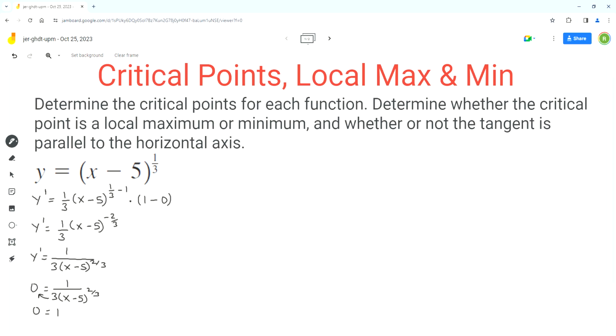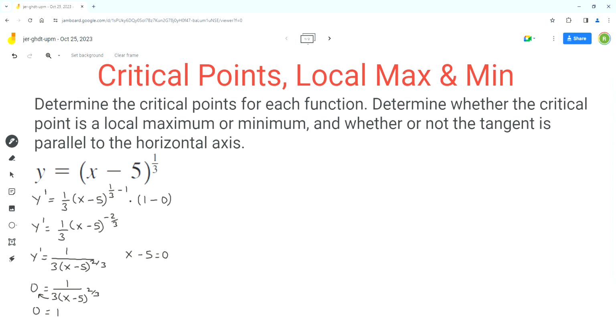So now we have to see if there is any x value that will make the y prime undefined to find the critical point. And y prime will become undefined if the denominator becomes equal to 0. That means x minus 5 should become equal to 0. And that will happen if x is equal to 5.